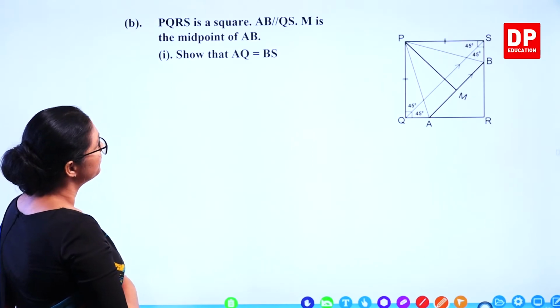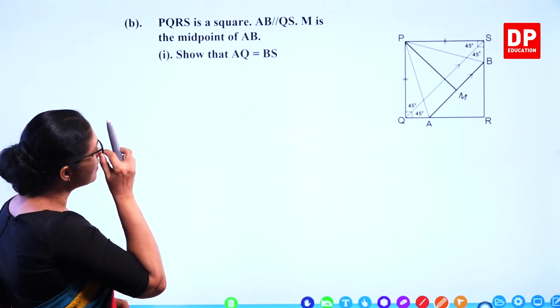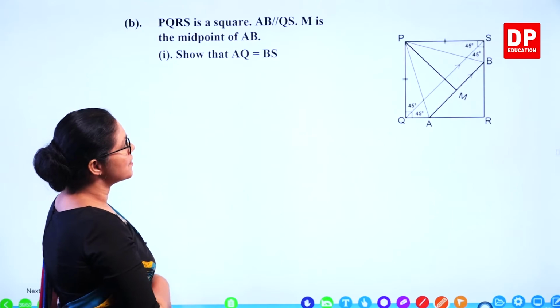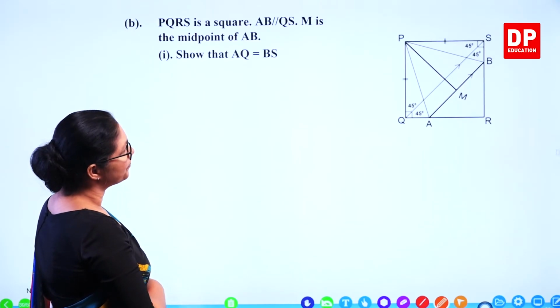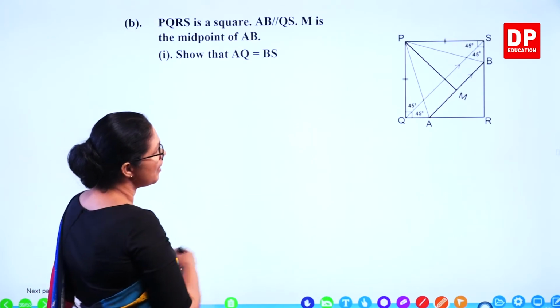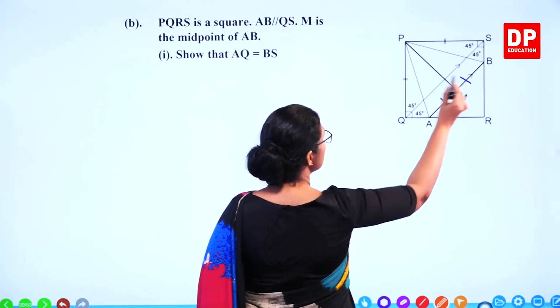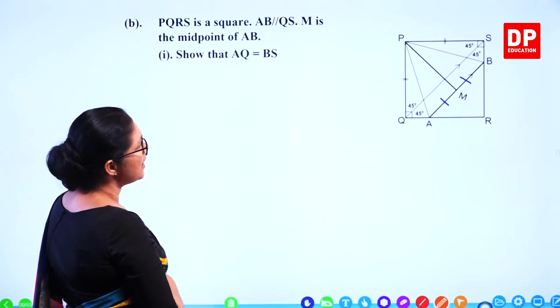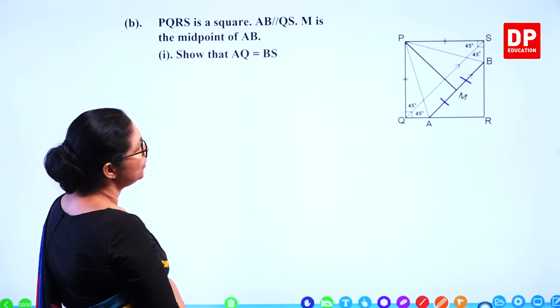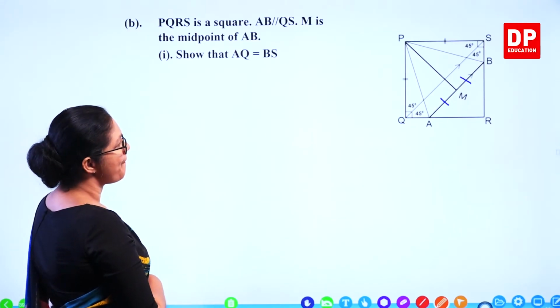PQRS is a square. AB is parallel to QS. It's already marked. M is the midpoint of AB. That means this length is equal to this length. Show that AQ is equal to BS.